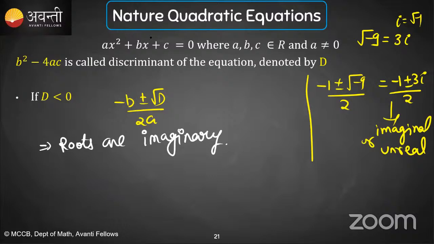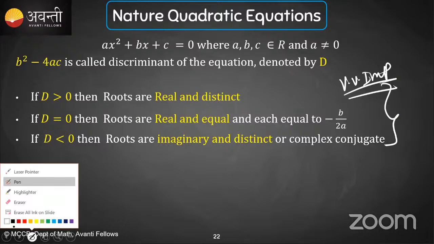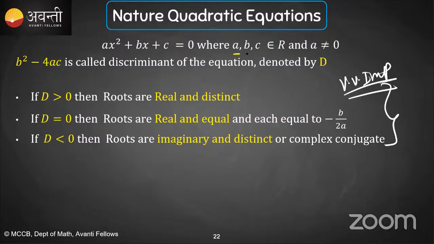Right? So these 3 points are most important. Very important. In the nature of roots, these 3 points are very important. Let ax square plus bx plus c equal to 0, where we are only saying this when your a, b, c are real, that is, when the coefficients of x square and x and the constant term are real.